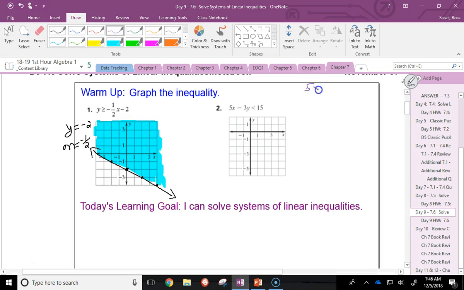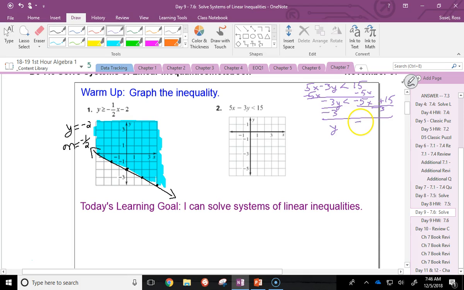So I'm going to put 5x minus 3y is less than 15. And we want to solve for y. So I'm going to subtract my 5x from both sides. Negative 3y is less than negative 5x plus 15. Divide by negative 3.